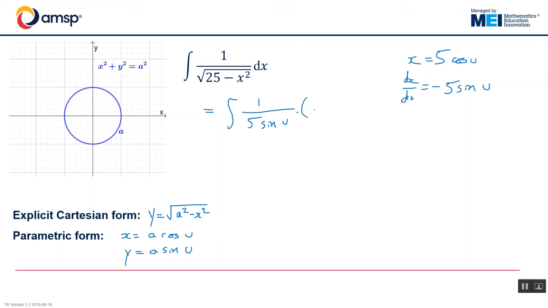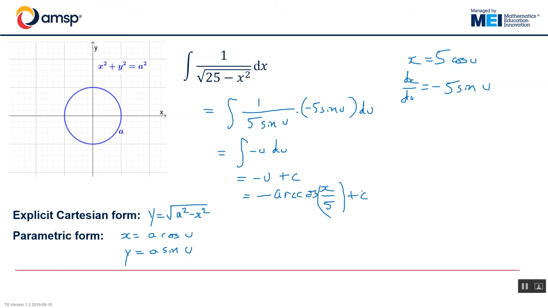So I want to multiply that by negative 5 sine u du. This becomes the integral of negative u du, which is negative u plus c, or negative of u, divide x by 5, take the inverse cos, negative arc cos x over 5 plus c.